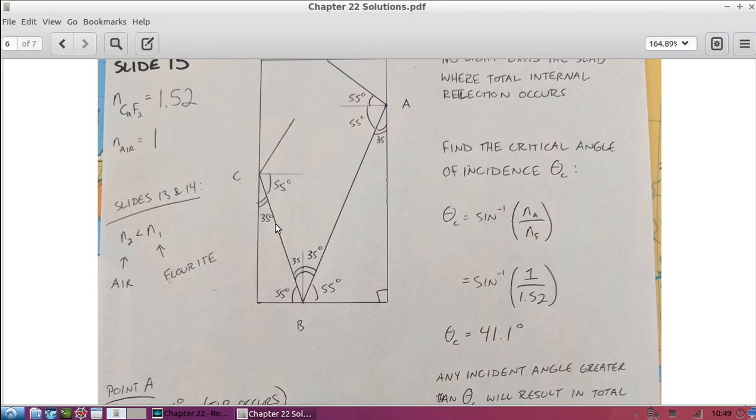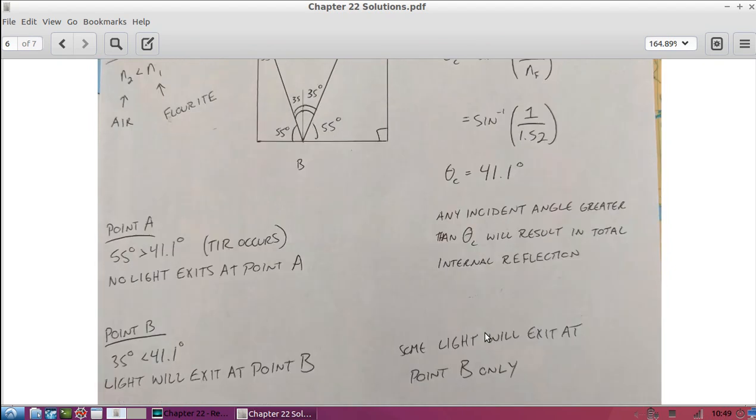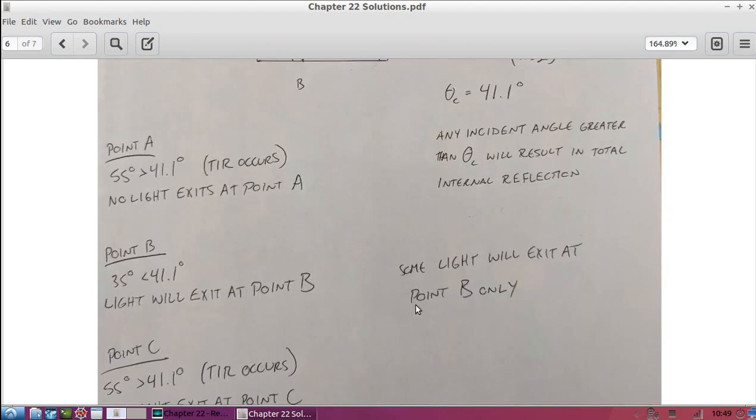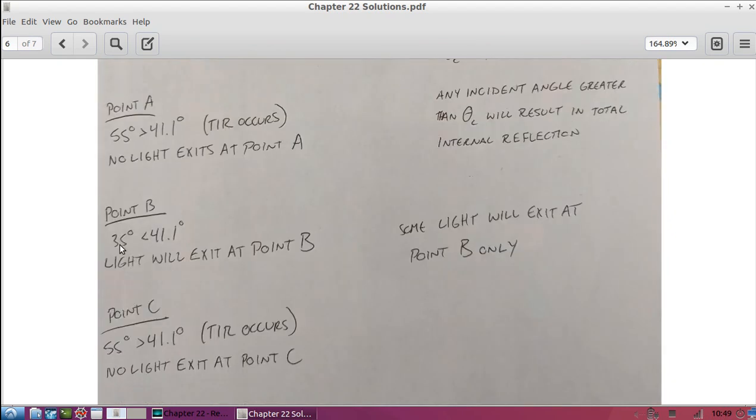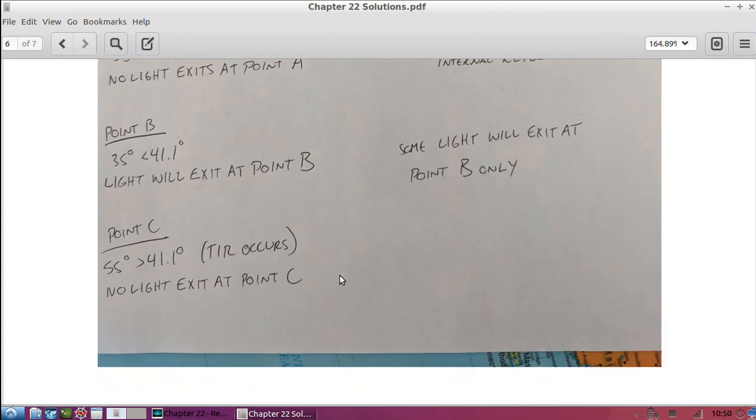We still have a weak reflected ray inside the prism, but some light will escape at point B because the incident angle is less than the critical angle. So some light exits at point B only. If the incident angle is less than the critical angle, you'll have refraction. If the incident angle is greater than the critical angle, total internal reflection occurs.